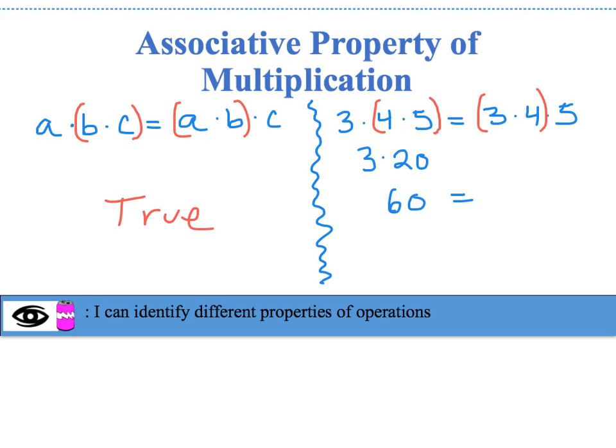On the right-hand side, I've got 3 times 4, which is 12. Sorry. Drop down the times 5, and 5 times 12 gets me 60. So this is a true statement. The associative property of multiplication says it doesn't matter who's grouped. If I'm multiplying them, you would still get the same exact answer.